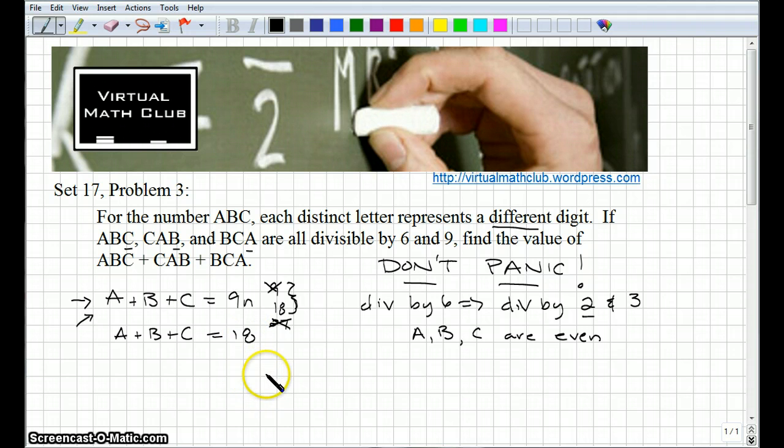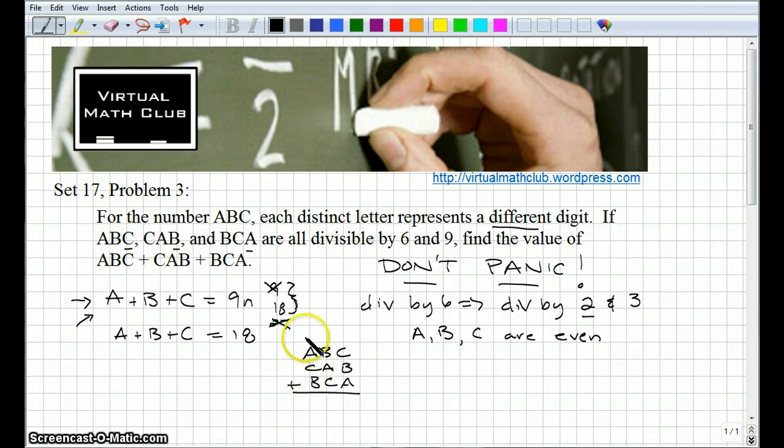Alright. In this problem, you also have to keep in mind that they don't want you to figure out what A, B, and C are. They want you to find the sum of ABC, CAB, and BCA. So if you knew these digits, what would you do? You'd line them up in a column, and you'd write ABC, CAB, and BCA, and you'd add them up.